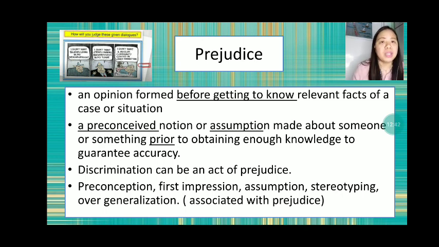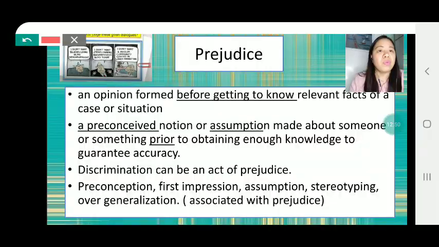So when we say prejudice, it is an opinion formed before getting to know relevant facts of a case and or situation. So when we say opinion was formed, meron ka na agad haka-haka dun sa isang tao. It could be in a person, it could be in a case or in a situation before getting to know what is really happening.